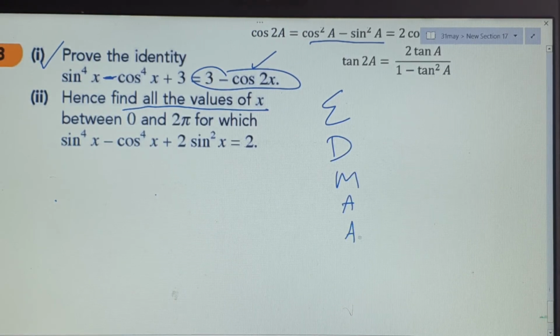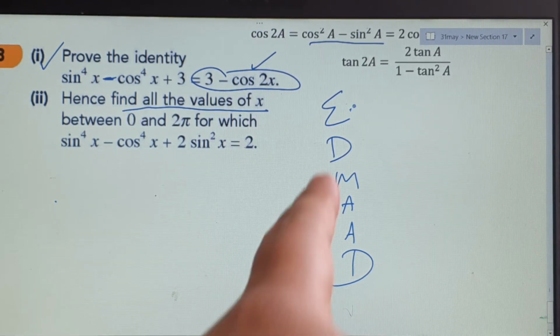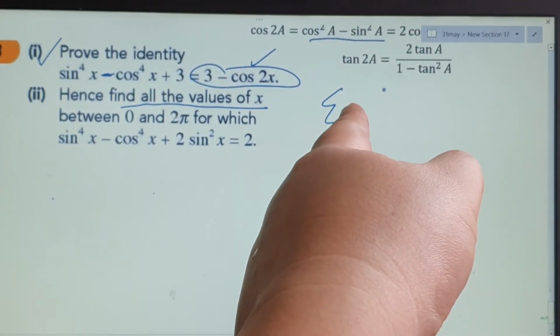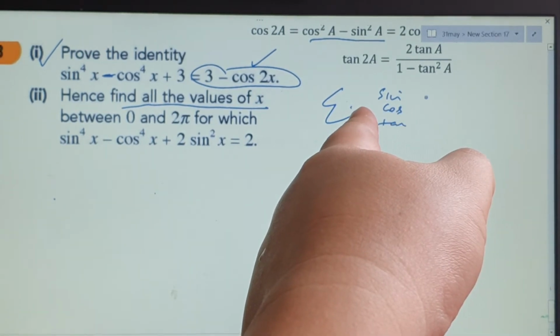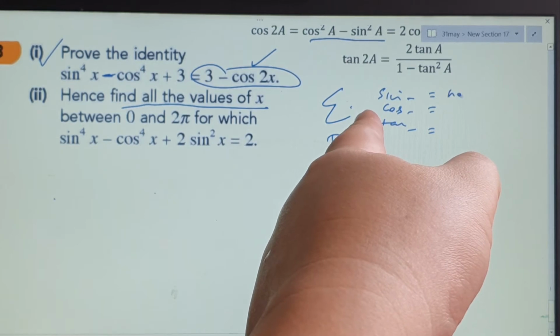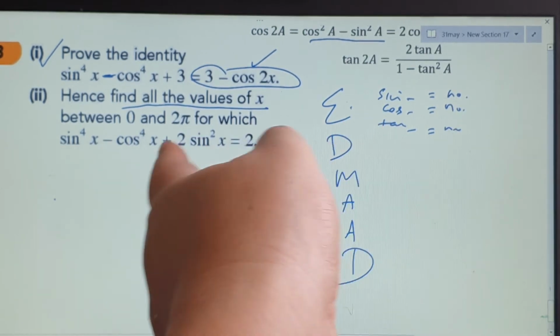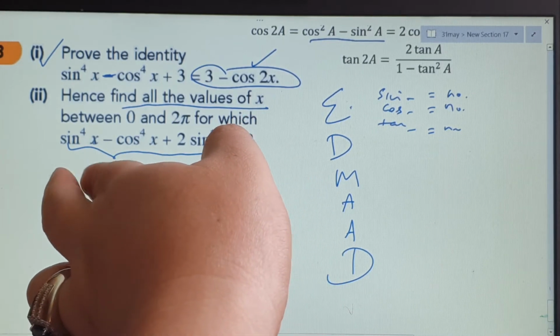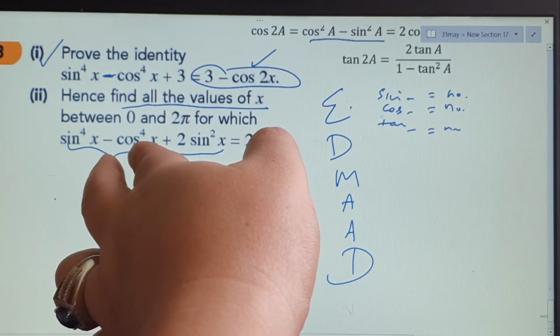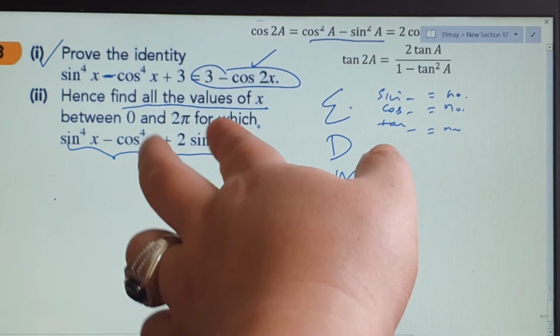AddMath. Okay, firstly, you must get the equivalent form. That's what the E means. That means you must get sine, cosine, or tangent of something equals to some number. Okay, so is it sine or cosine or tangent of something equal to some number already?